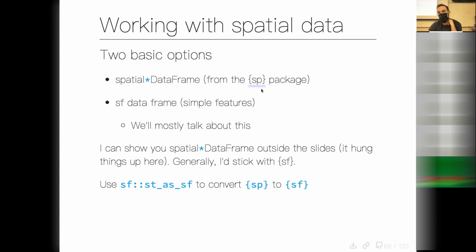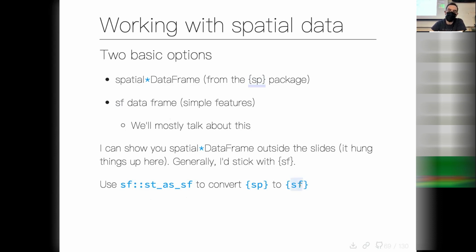So if you happen to have data that's in the SP format, so you just get it from an R package or whatever, it's already in that SP format. From the SF package, you can just do st_as_sf. For some reason, I don't totally get this. I should just look it up. I'm sure I can figure it out somewhere.